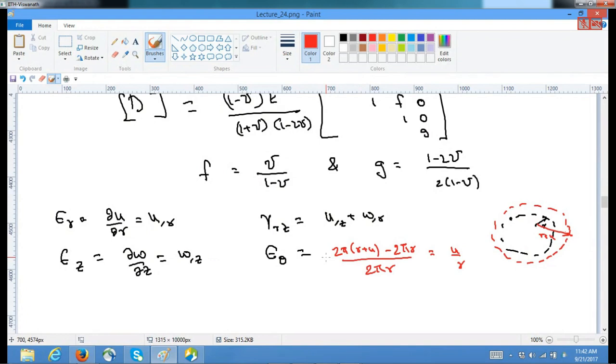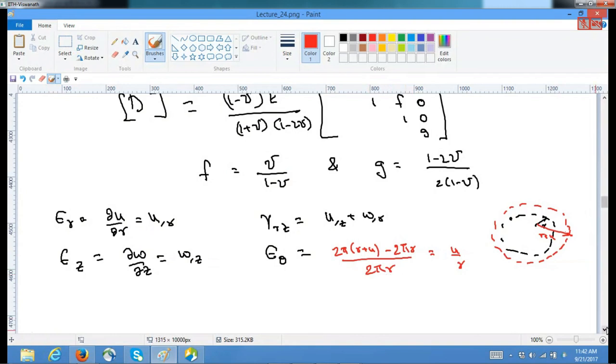What we did was just use the definition of strain, deformed length minus original length divided by the original length. The deformed circumference is 2 pi (r plus u), and the original was 2 pi r, divided by 2 pi r, which gives u by r.